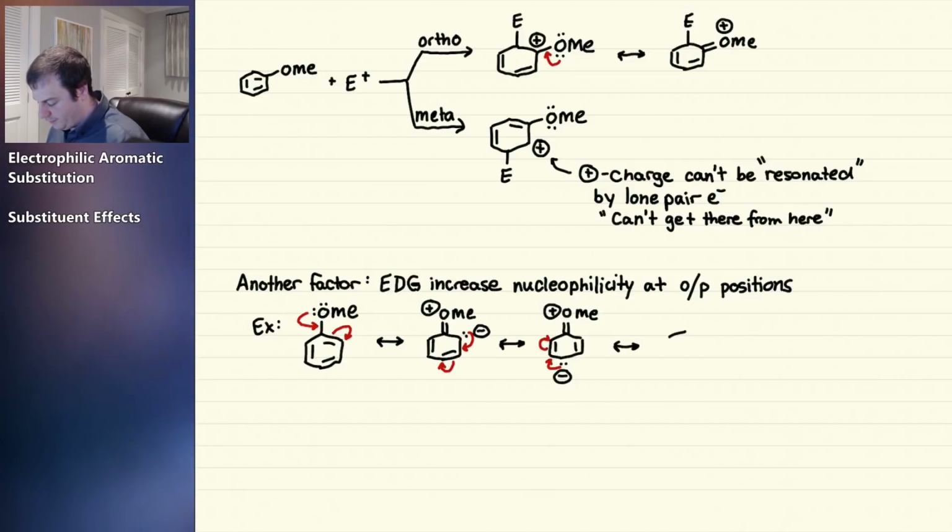You can move it on to the left side. Right? So you can see that the electron donating group allows us to put a negative charge at the ortho and para positions, but there's no way to put a negative charge on the meta positions. There's no possible resonance structure that does that. So try as you might, you will not be able to put a negative charge at a meta position.